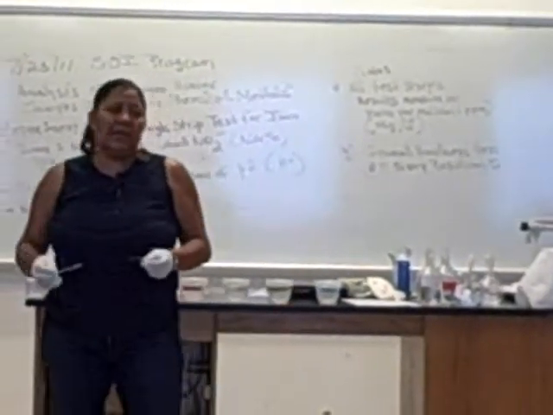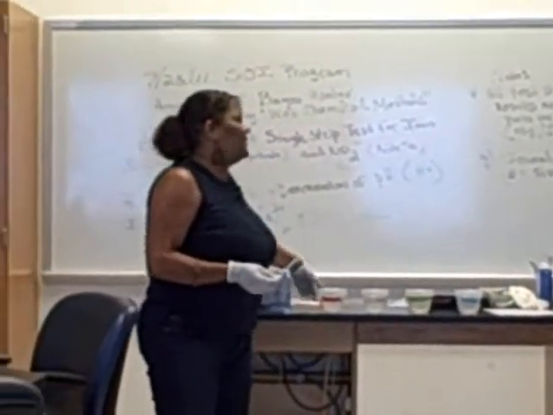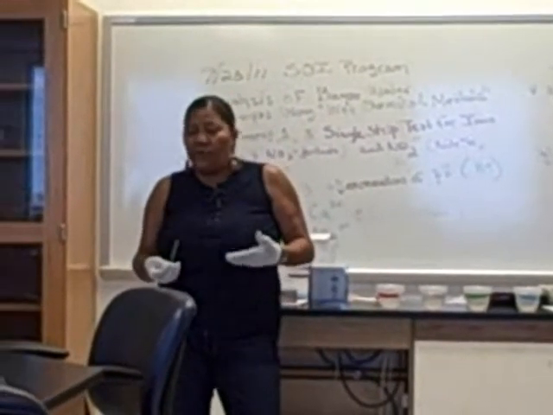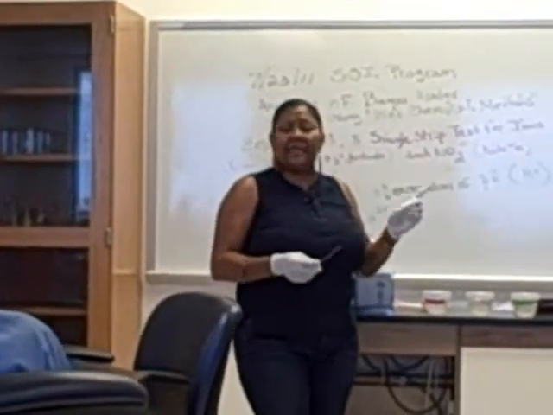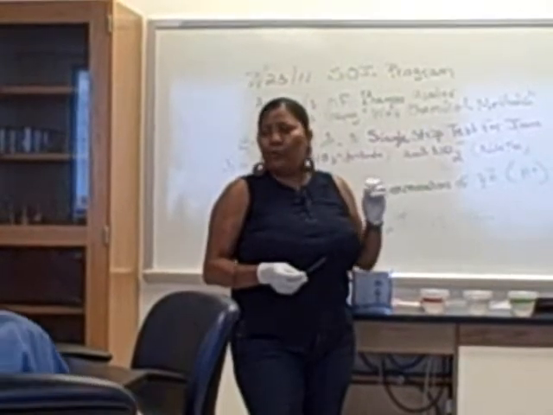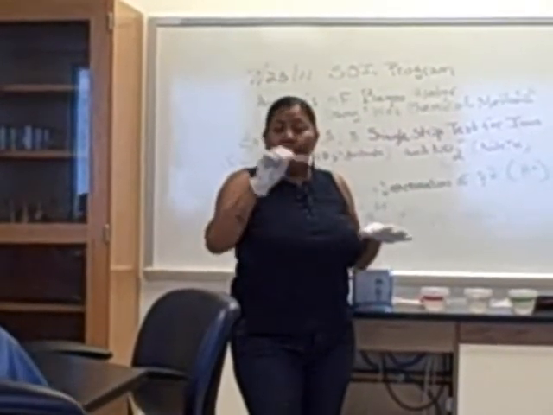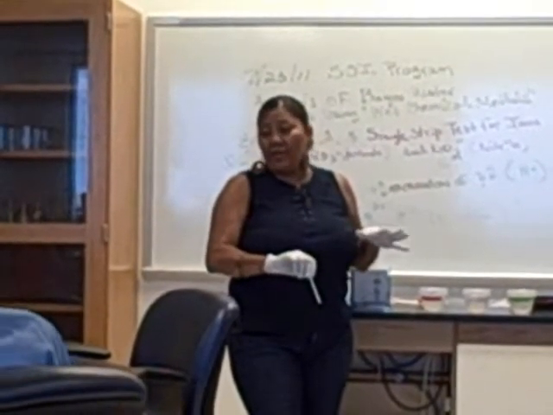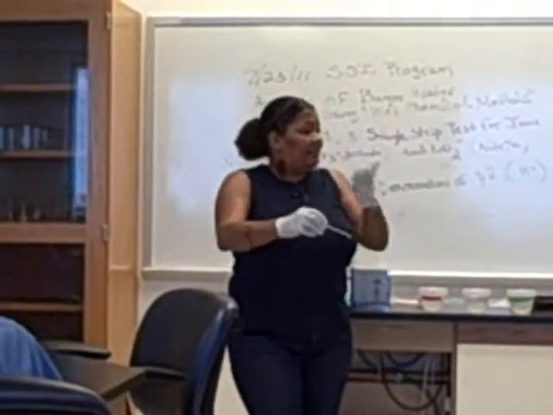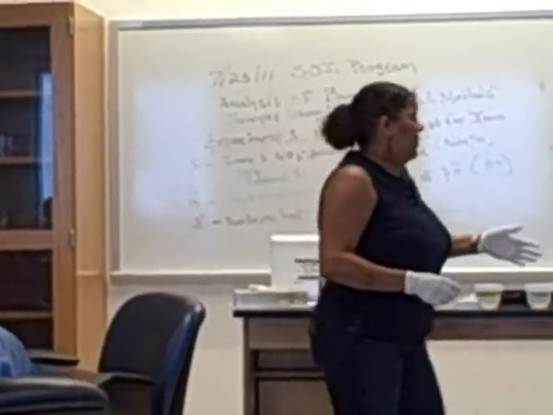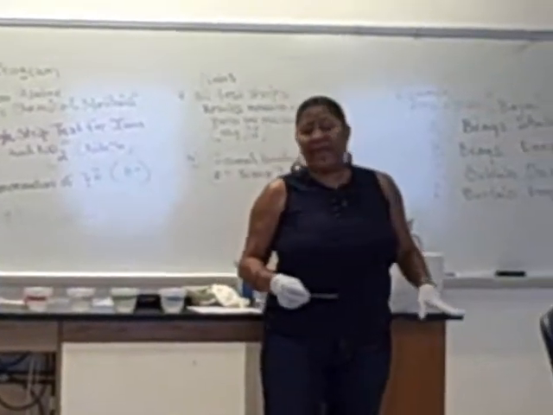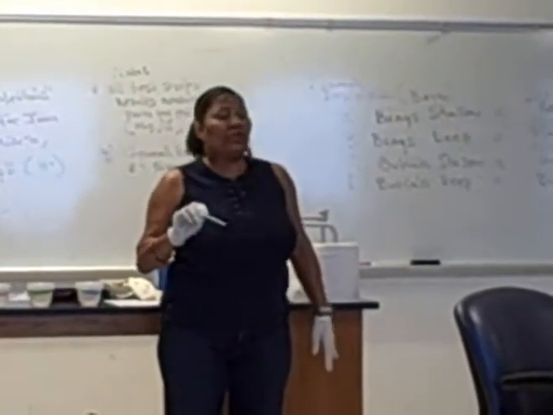Now, why are you wearing gloves? And why is it very important to be very careful? Remember, hydrochloric acid is a caustic acid. It will burn. Therefore, when you put your test strip in there, don't let that sample pop on you. And we will have strips of paper on your table available for you to put these on when you finish.